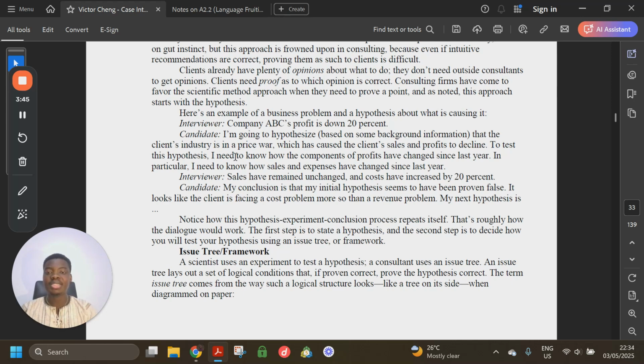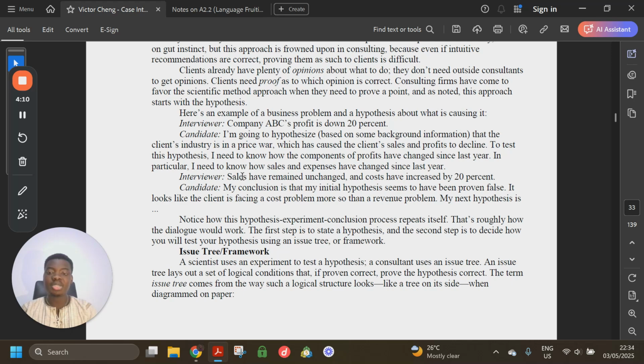To test this hypothesis, I need to know the components of profits that have changed since last year. In particular, I need to know how sales and expenses have changed since last year. So this is the candidate forming an hypothesis about why company ABC's profit is down 20%.